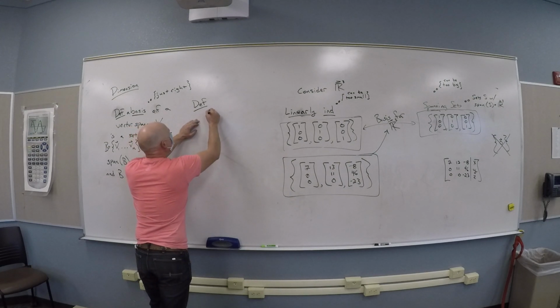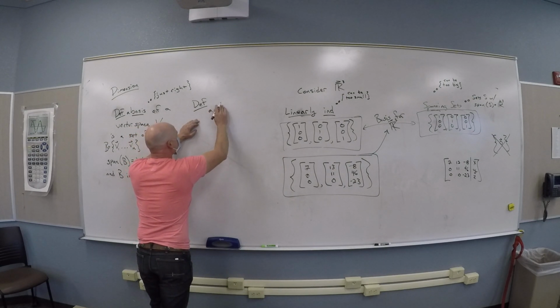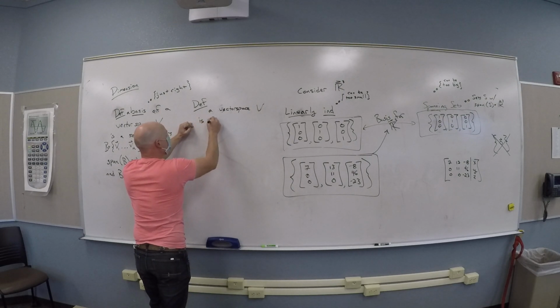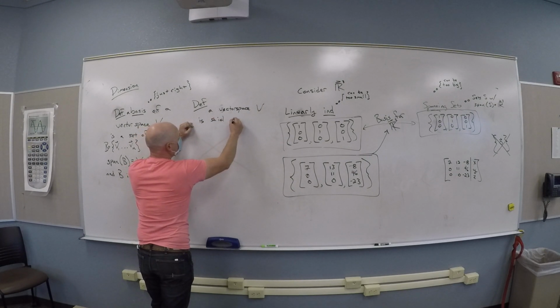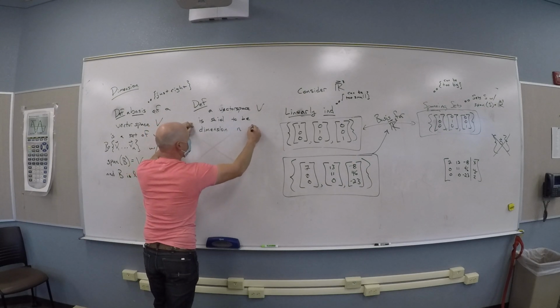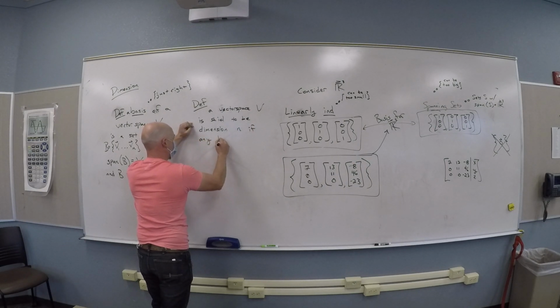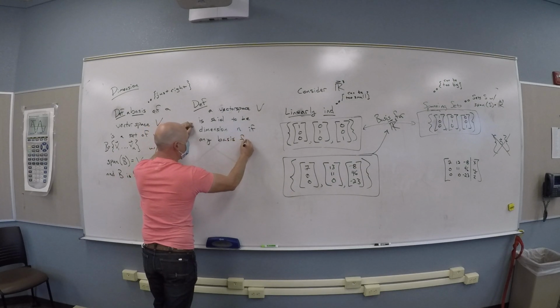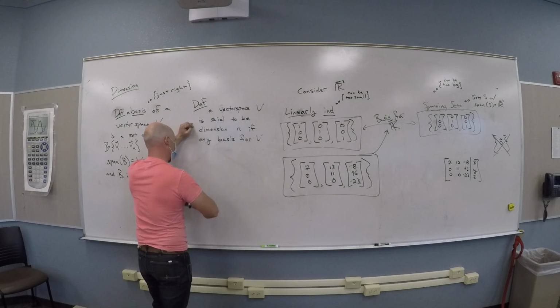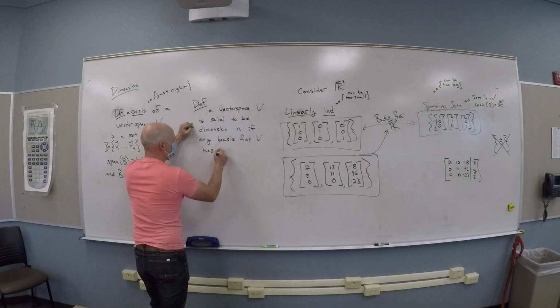So, a vector space V is said to be dimension n if any basis for V has n vectors.